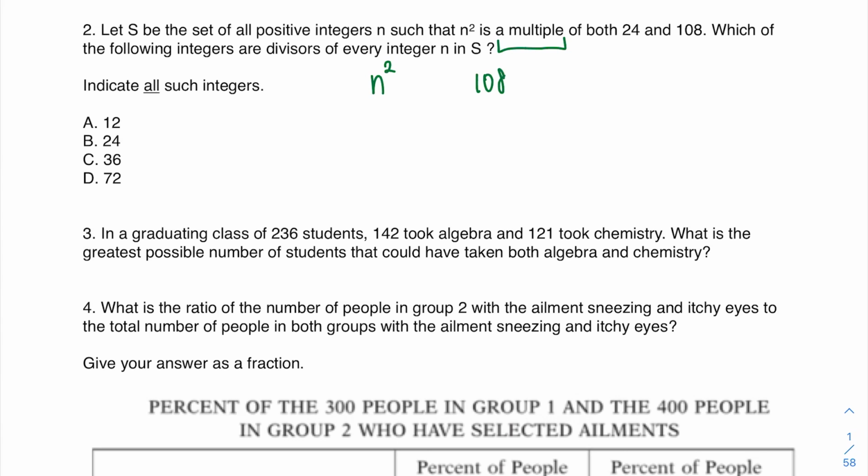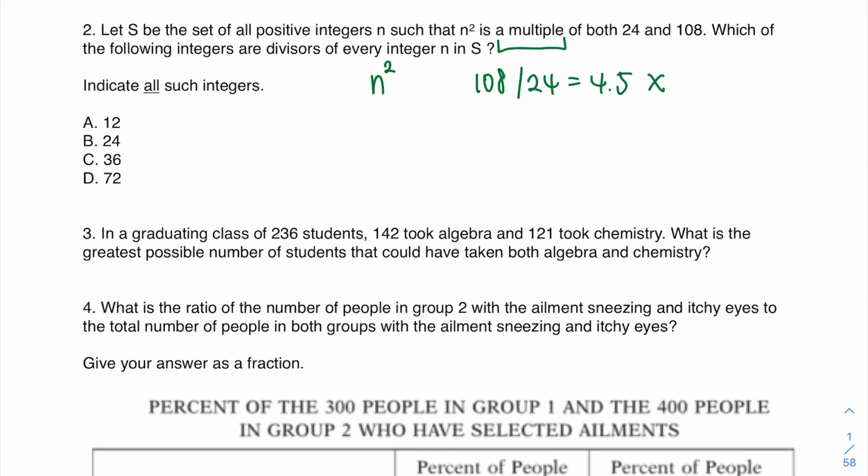One way is to try it one by one. We can check whether 108 divided by 24 is an integer. The answer is 4.5, so it's not.